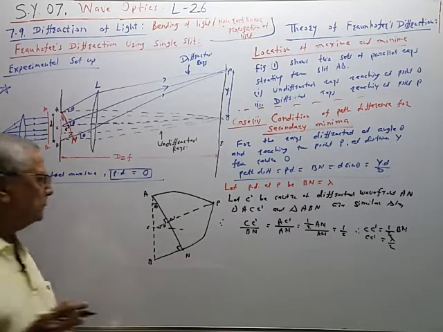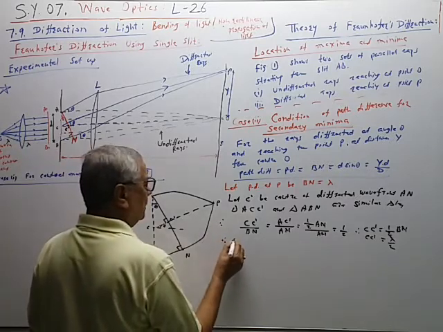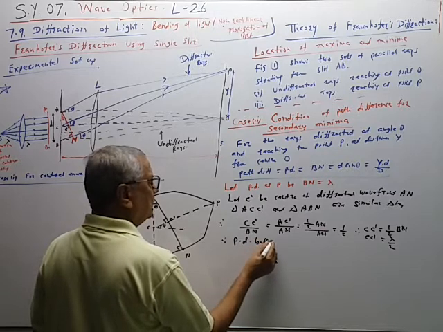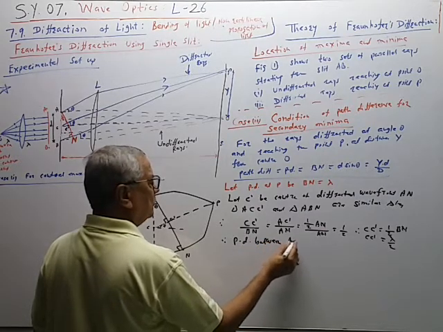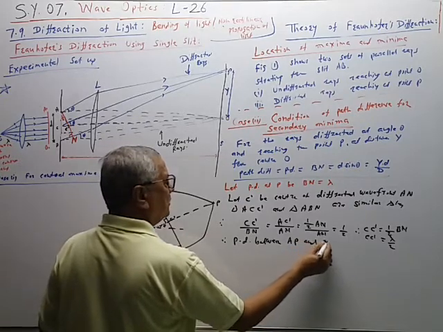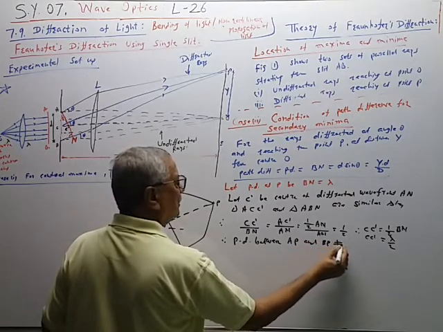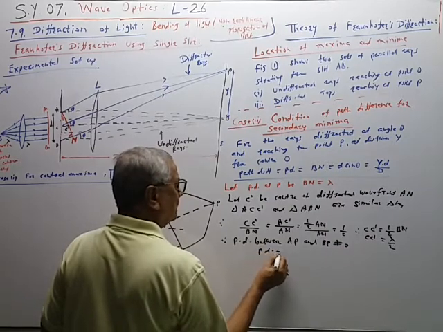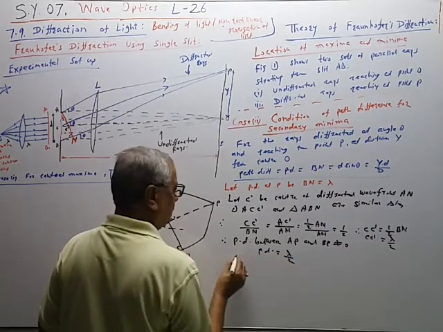Therefore the path difference between AP and BP is not 0, but this path difference is lambda by 2.